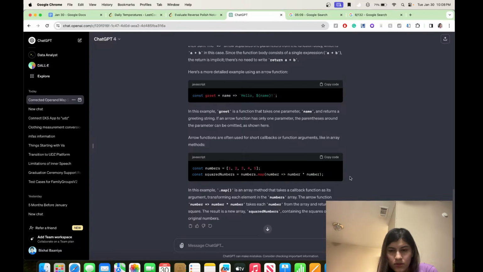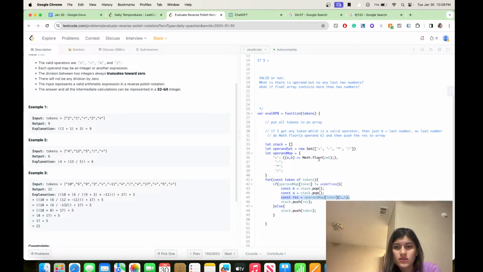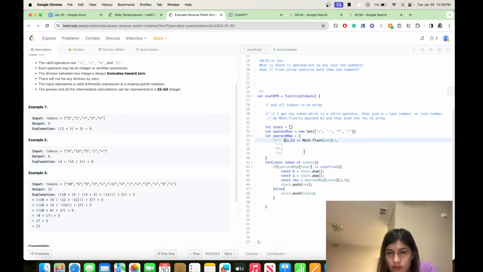Number into number. So here if I pass the number, then this will return me number times number, like 1, 2, 3 things like that. Okay, that's nice. They are saying that I do not even need a semicolon. A minus b, a multiplied by b, and a divided by b.